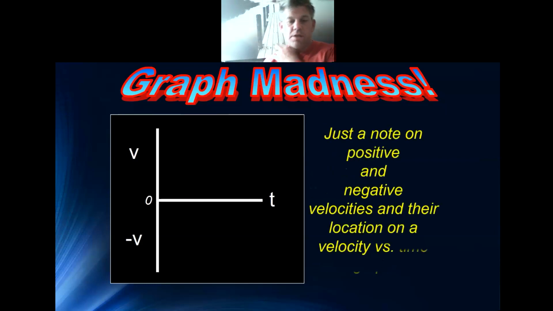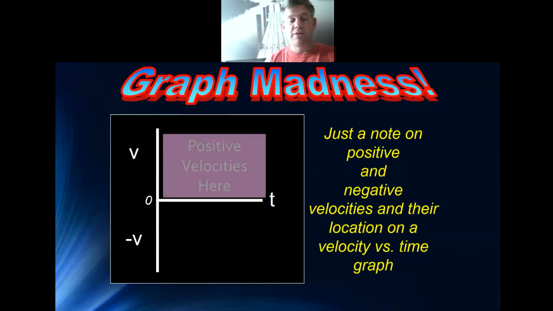All right? So now, when we talk positive and negative velocities, this is a big deal for us because positive and negative velocities become a very important position for us to be able to talk through and see. All right. So positive velocities are in that top half quadrant.